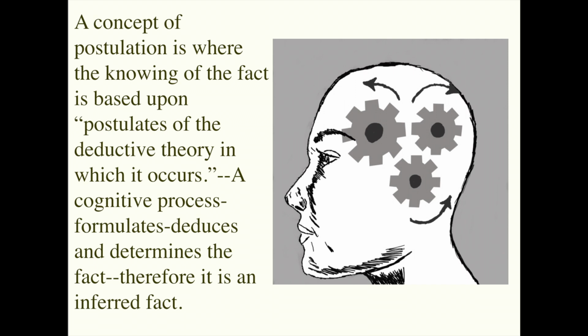Okay, this is a lot of heady words that I've lifted from Northrop, from page 82 of this book. But what we're looking at here is that something happened in your head to know the fact, and you had to formulate it out of what Northrop calls a deductive theory in which it occurs. Now, he called this an inferred fact.